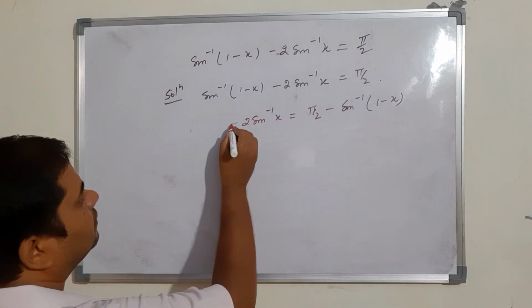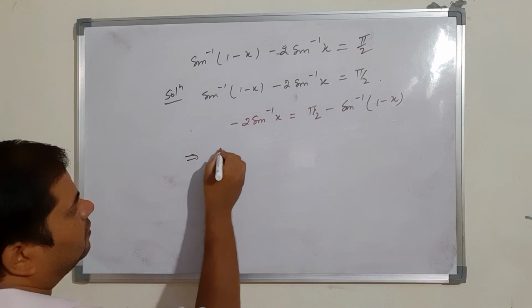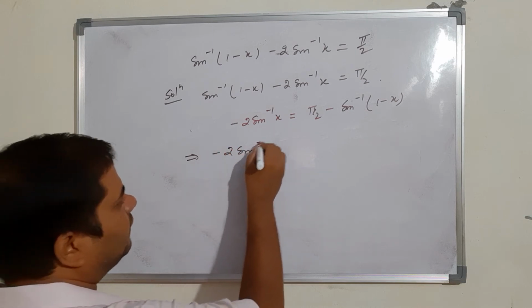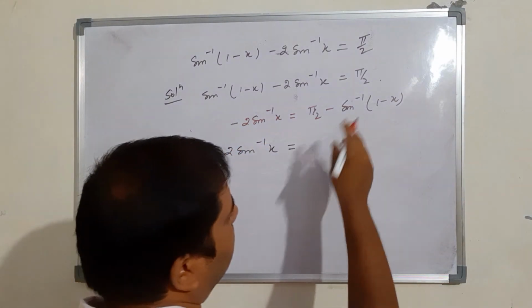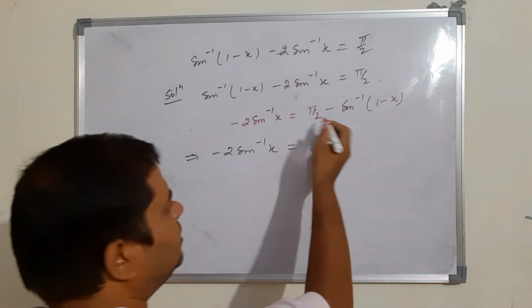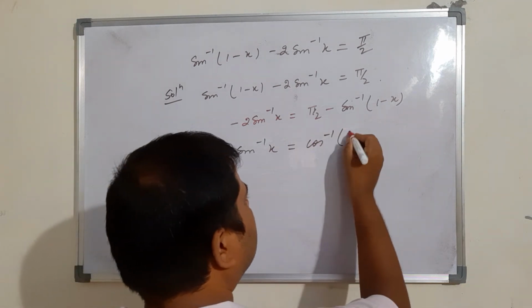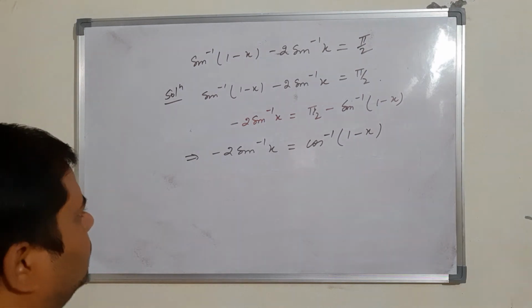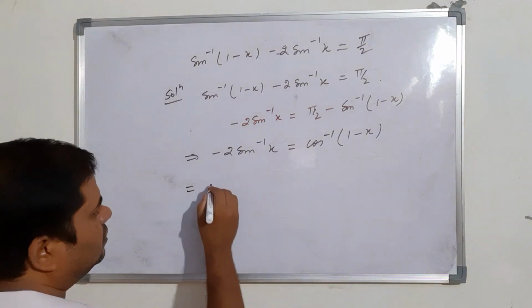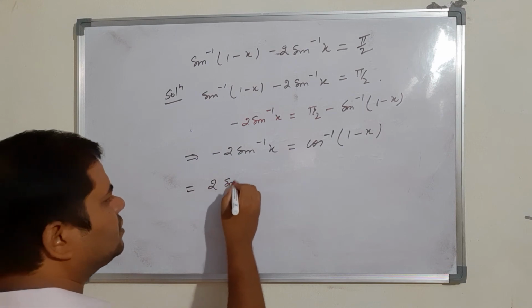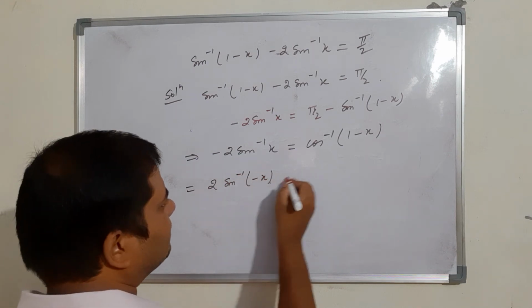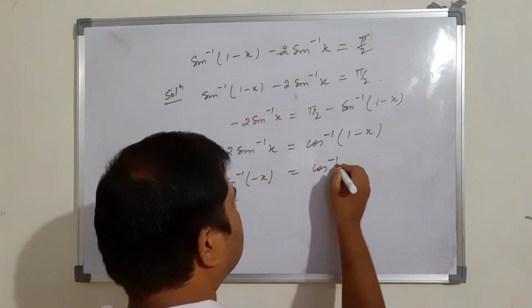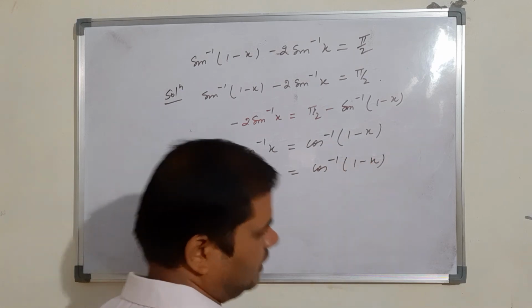That means this is cos inverse of 1 minus x. Okay, so we have to write it as 2 sin inverse of minus x, this is cos inverse of 1 minus x.